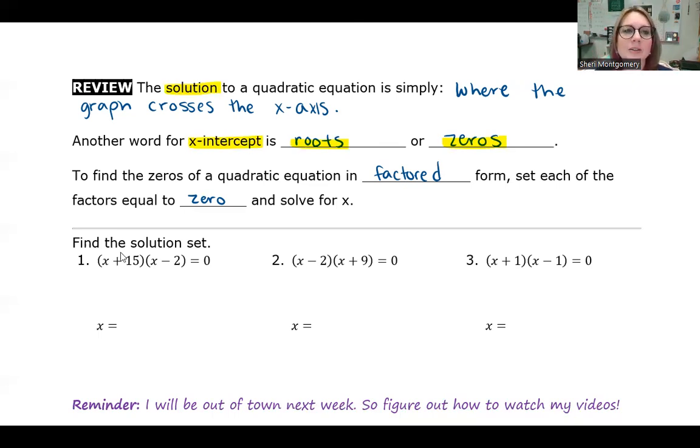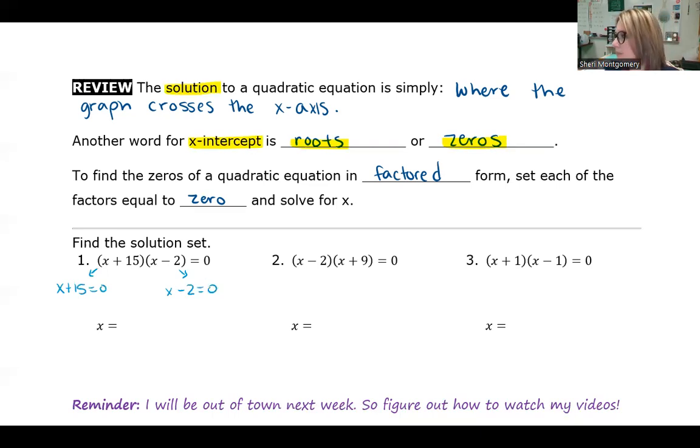Okie dokie, back to the notes. So to find the solution set, we need to set each factor equal to 0 and solve for x. This is also called the zero product property. It means that when you have things being multiplied and they're equal to 0, you can set each one equal to 0 and solve. So I get x plus 15 is equal to 0 and x minus 2 is equal to 0.